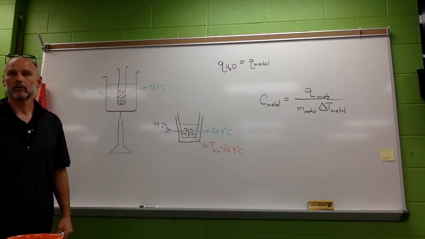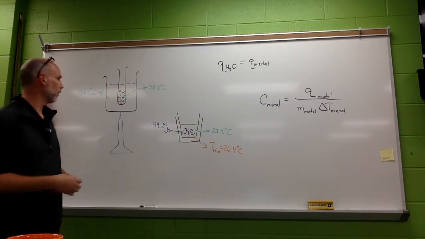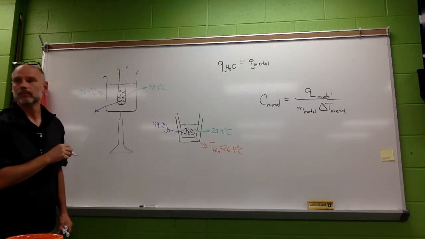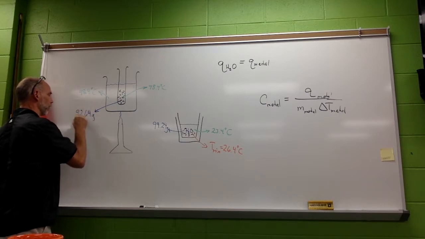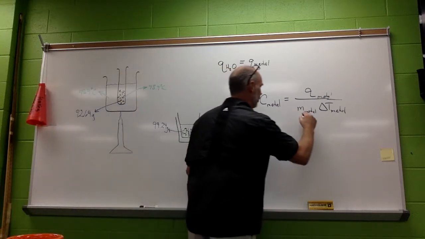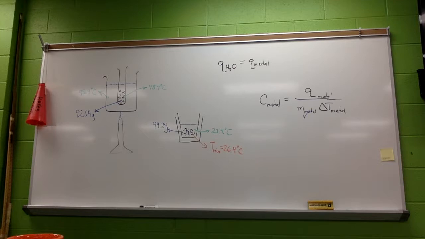Can I find the mass of the metal? By putting it on a balance, right? Just like we did our density lab. Anybody want to throw a mass out there? 92.64 grams, we'll say. Boom, we have the mass of the metal. Do we know the temperature change of the metal?